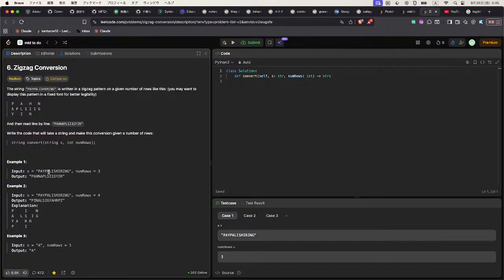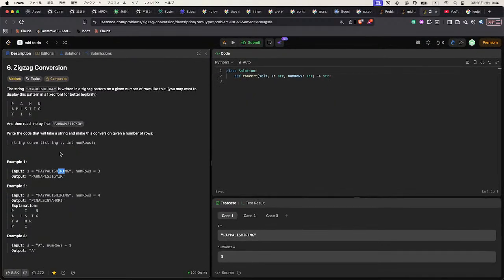So it takes 3 characters between the gap. PAHN and A, one, two, three, four. Why?